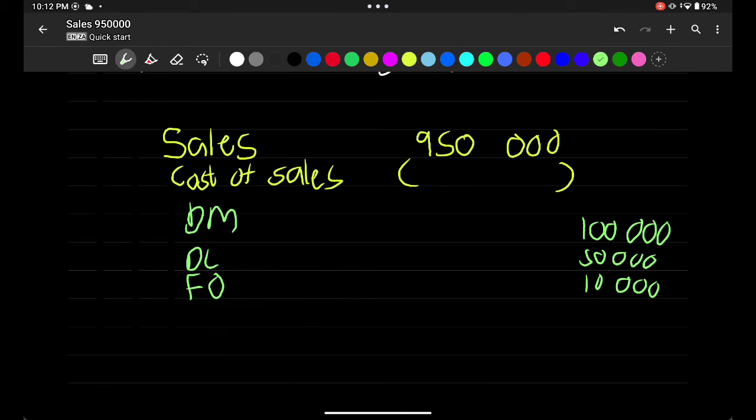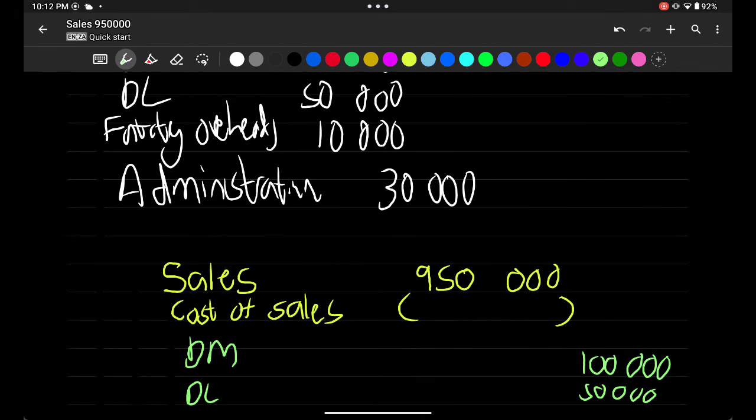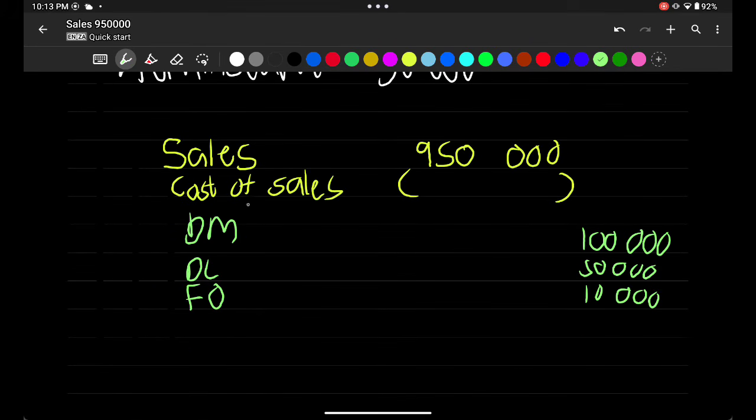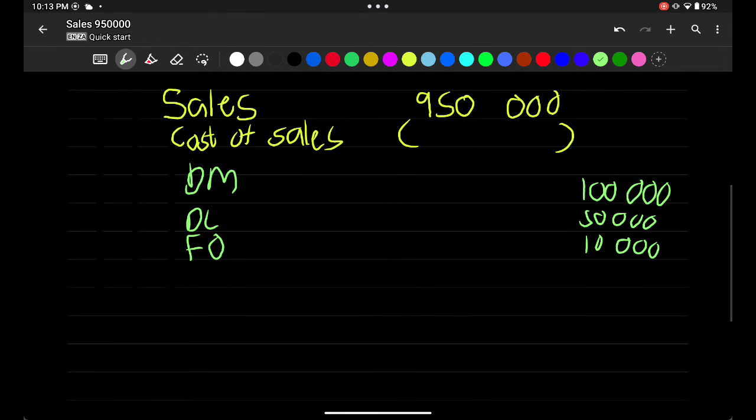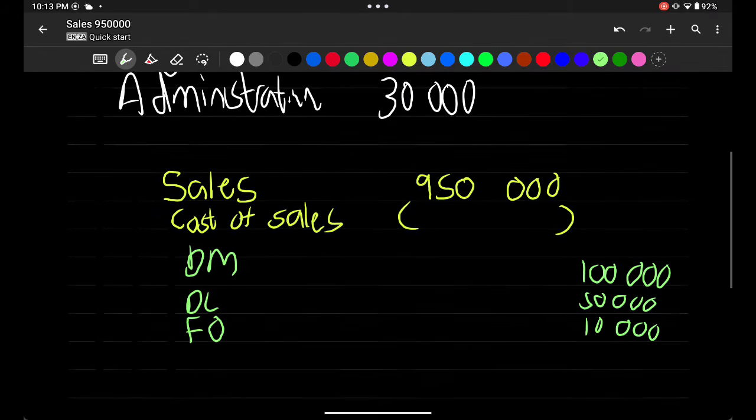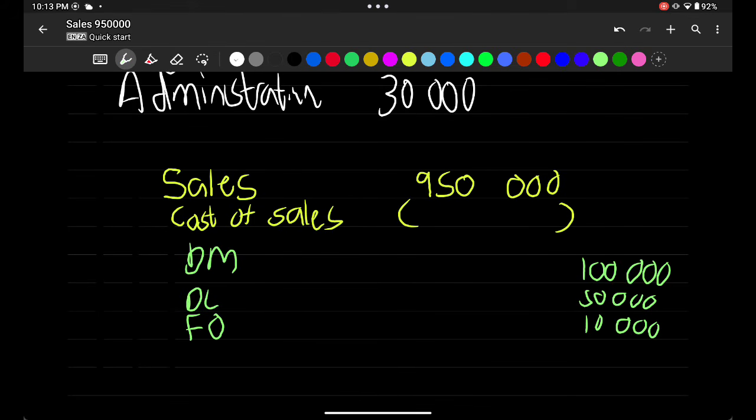So opening stock. Now if you had opening stock over here, if they told you opening stock is 5,000, you'd put opening stock 5,000 with the direct material, direct labor, factory overhead. If they told you closing stock, so actually let's put closing stock here. Sometimes they give you opening stock, sometimes they don't, but I'm going to put closing stock, let's say 10,000.